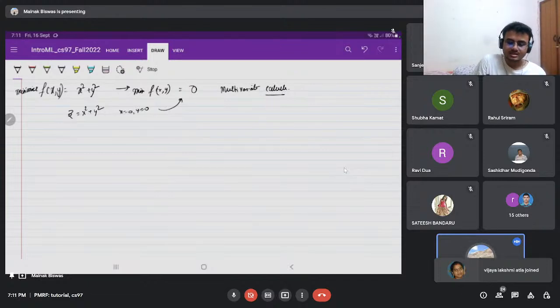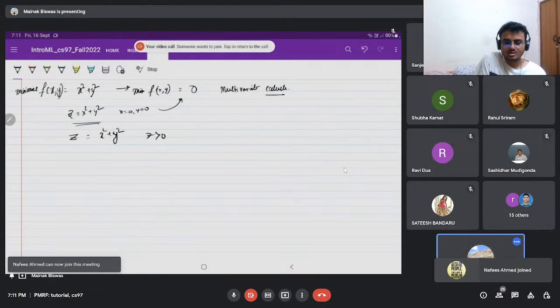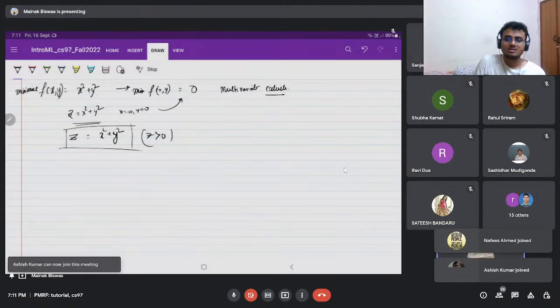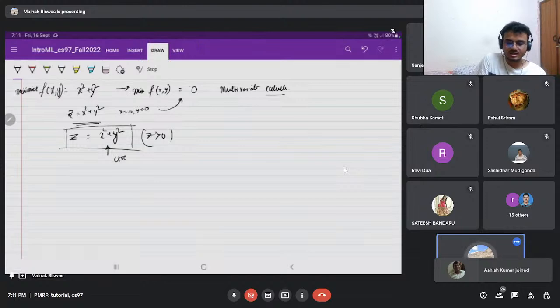You can clearly see, if you fix a z greater than 0, what equation is it? Your class 9-10 level maths. This is the equation of a circle, right? x square plus y square is equal to r square. That's the circle centered at the origin.